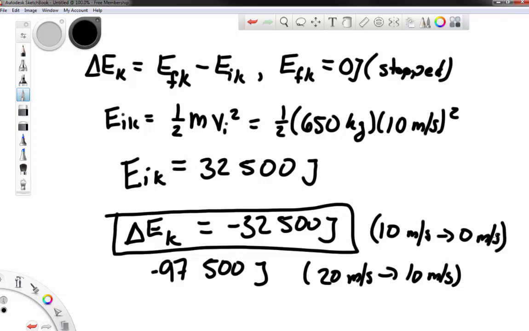Notice that even though the change in speed is equal, the change in energy is not. This is in fact 3 times more energy than this, because at 20 meters per second, the car had 4 times as much kinetic energy as at 10 meters per second. That's the effect of this velocity squared term right here.